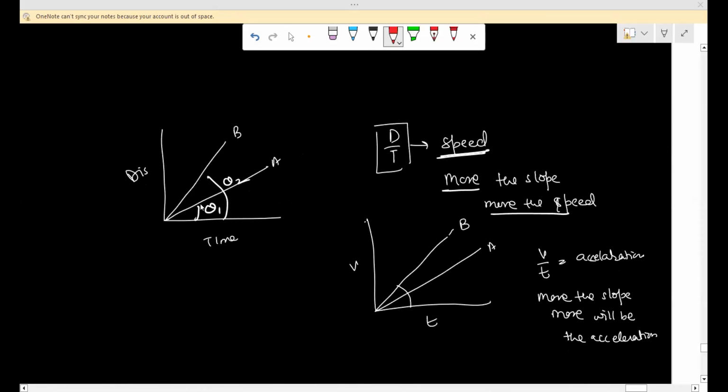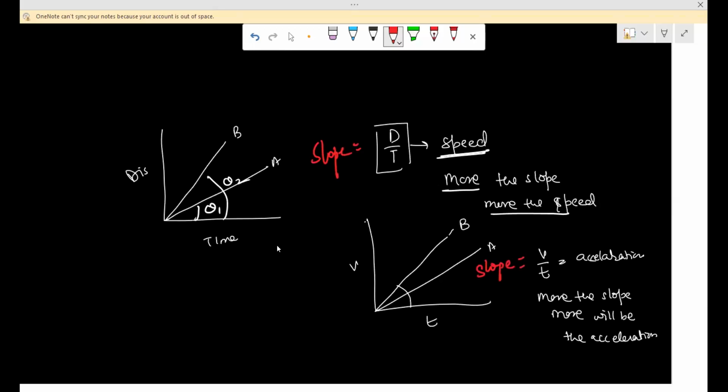Draw this graph. Theta 1 is the slope, first slope. Theta 2 is the second slope. For VT graphs, the slope gives us acceleration. This is the slope. This you have to write.